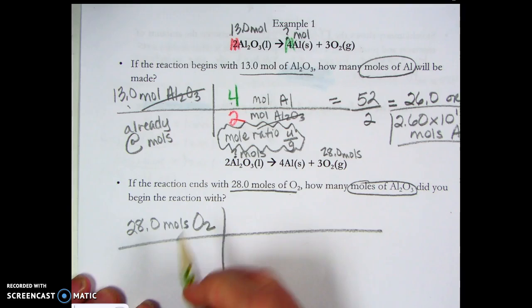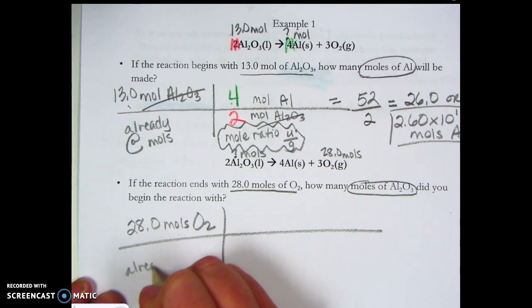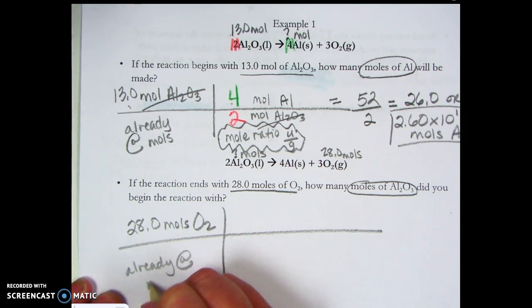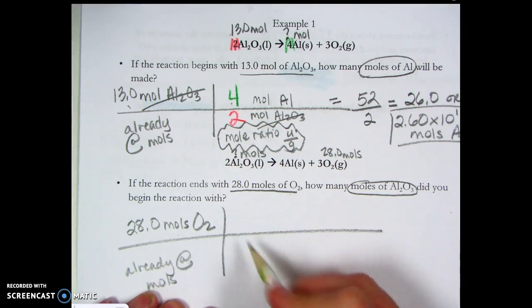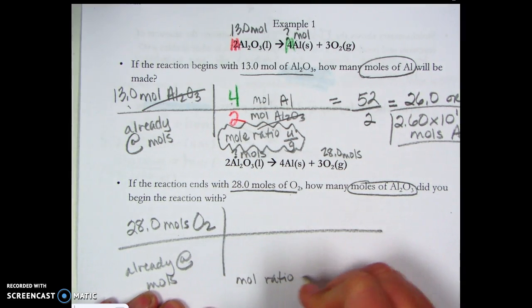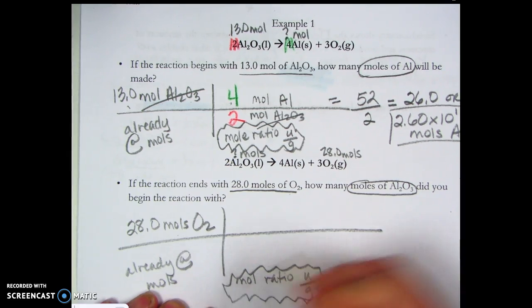So the first step is to get to moles. I'm already at moles, so I'm good. The second step is my mole ratio. So let's write that down. Mole ratio, unknown over given. Okay.